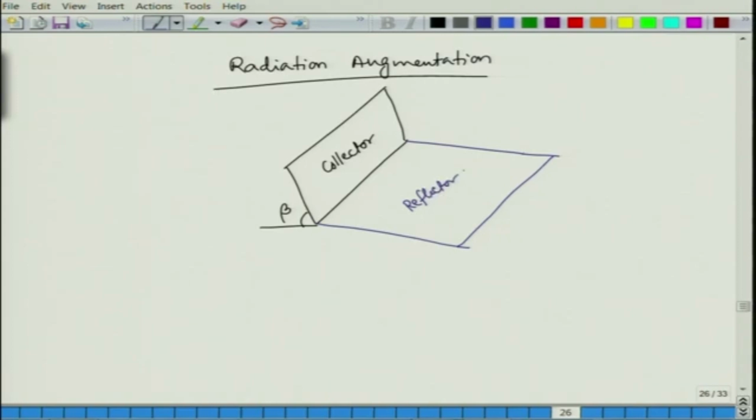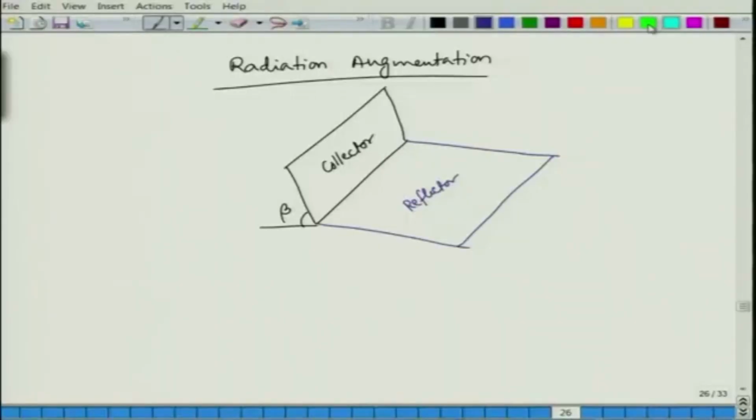So, even if you do not have it, the ground under it will reflect some portion of the radiation to the collector, but the ground reflectivity is much lower, right. So, if you place a reflector which has higher reflectivity, what will we have? You will have certain radiation that is coming here, that will be reflected to the collector, and that is how we are augmenting.